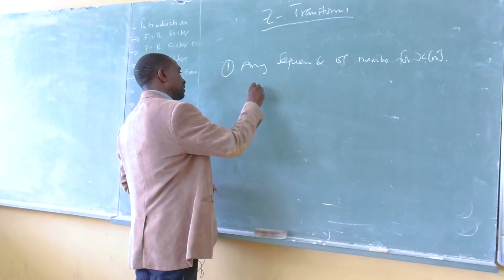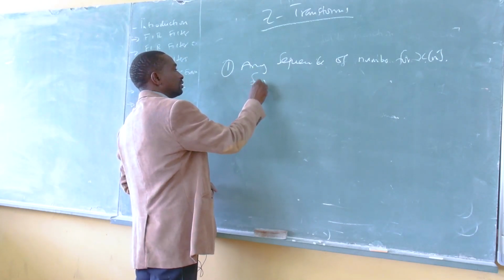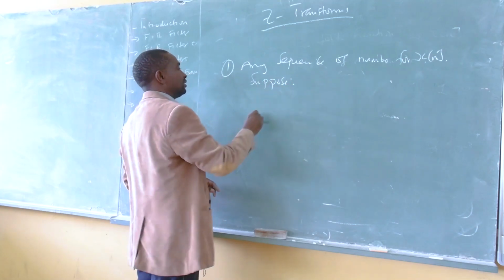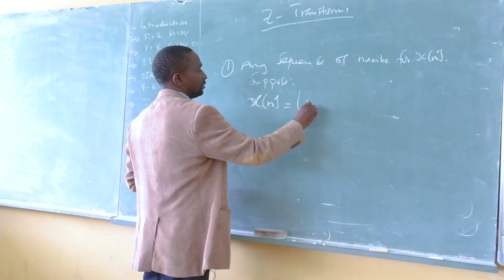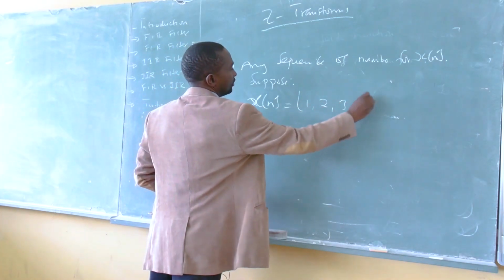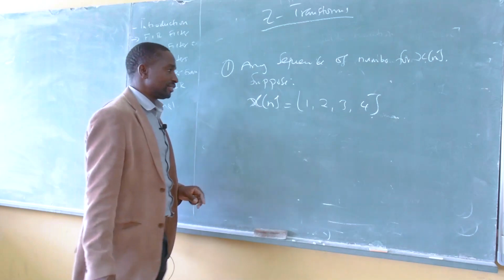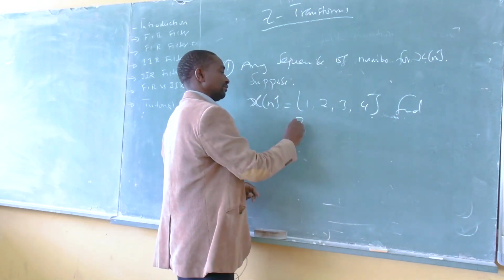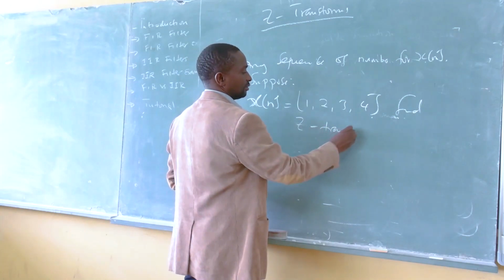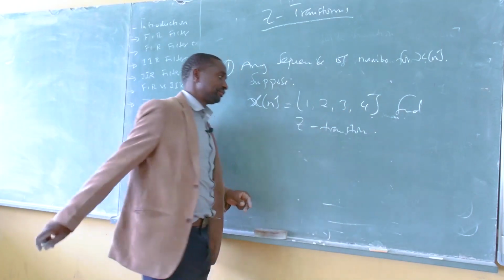Let's do an example. Suppose x of n is given as 1, 2, 3, and 4. And then you are asked to find the Z transform of this sequence.